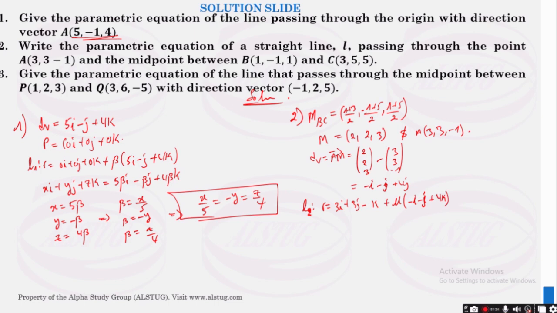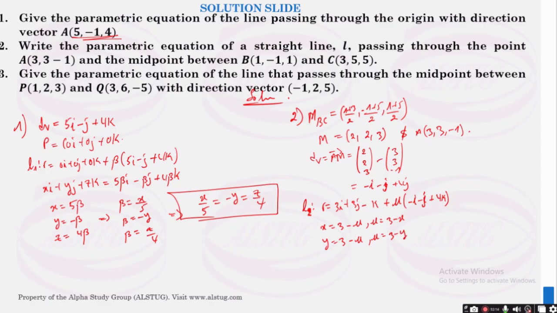Such that x here will be equal to 3 minus mu, so that mu here will be equal to 3 minus x. Then you also have the y component, y equals 3 minus mu, so that mu is equal to 3 minus y.